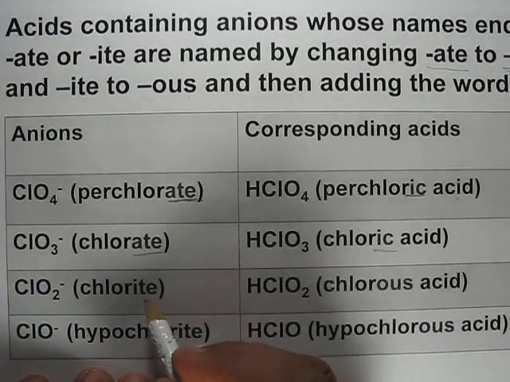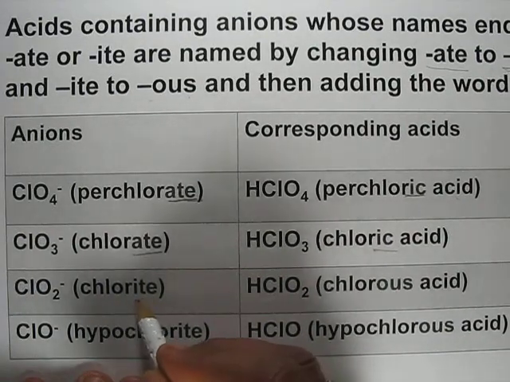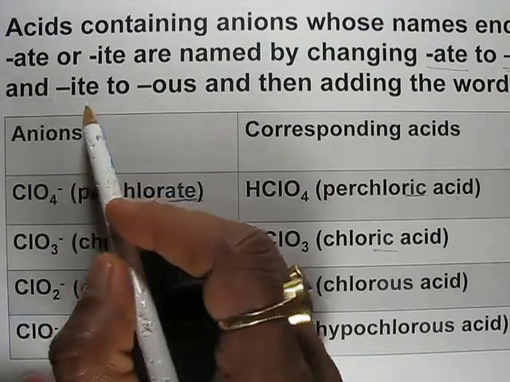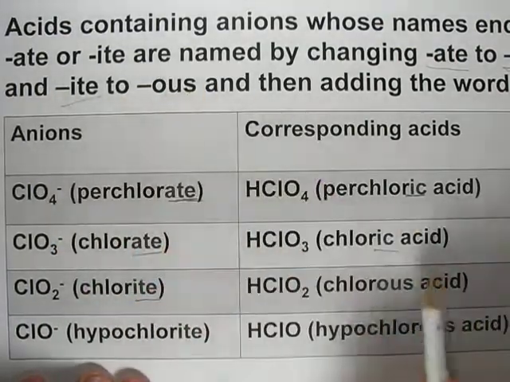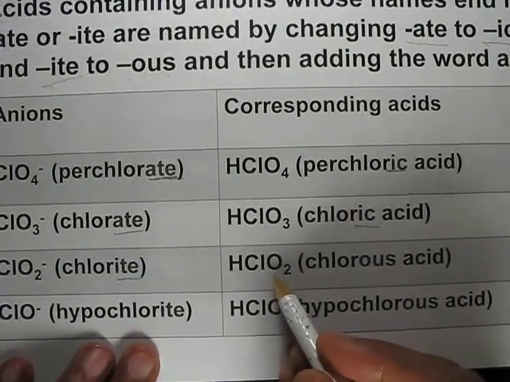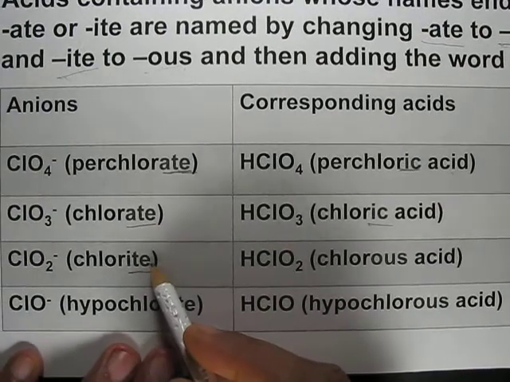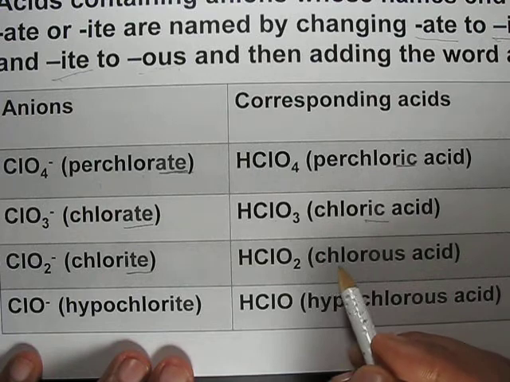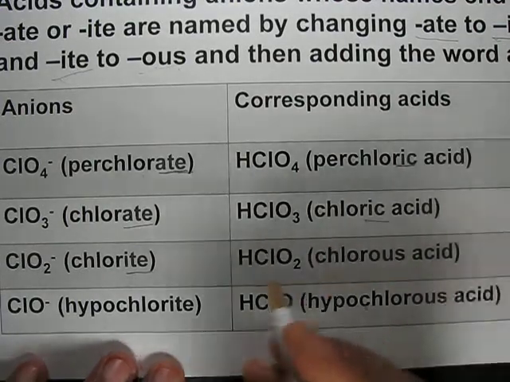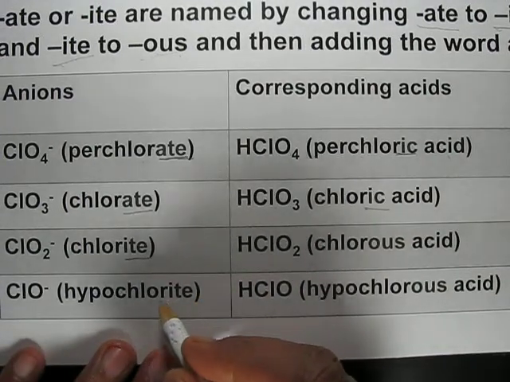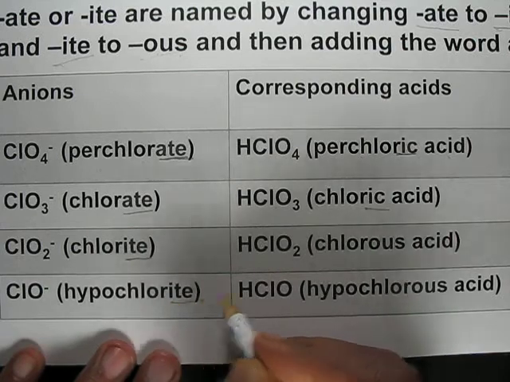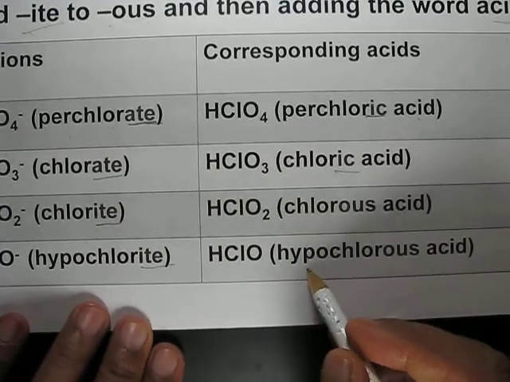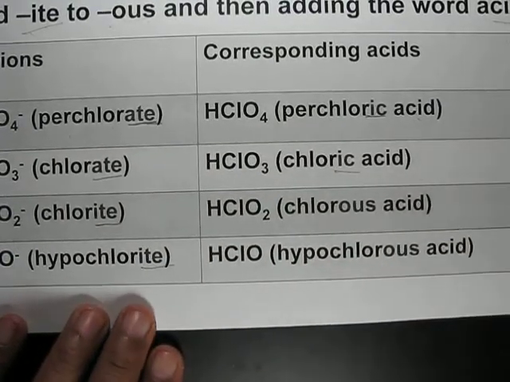And the third example is chlorite, ite. So here ite will change into ous. So it's the chlorite anion. When it forms an acid, it will form chlorous acid. And then hypochlorite will change into hypochlorous acid.